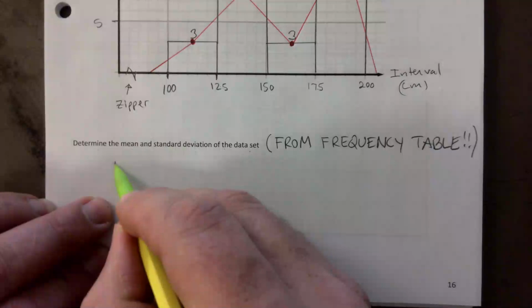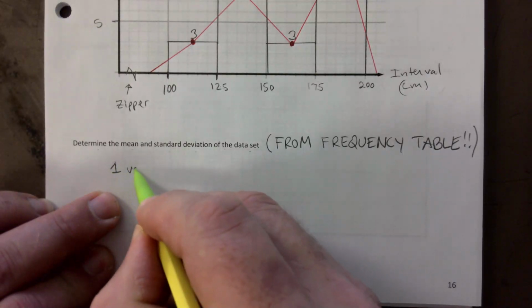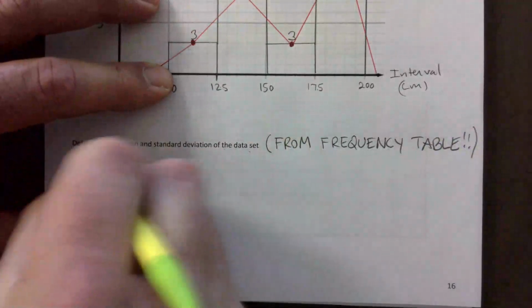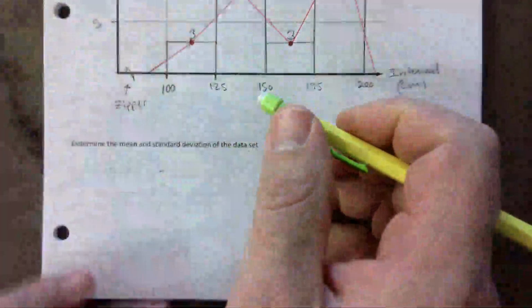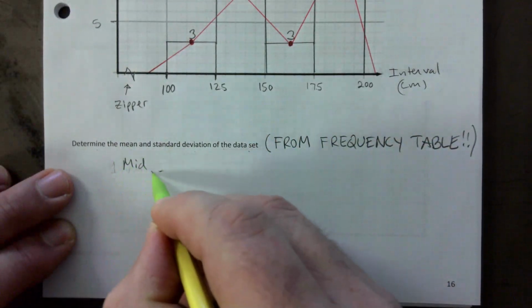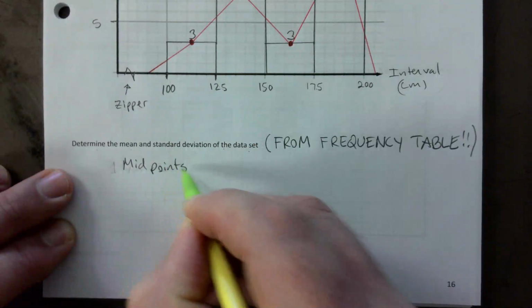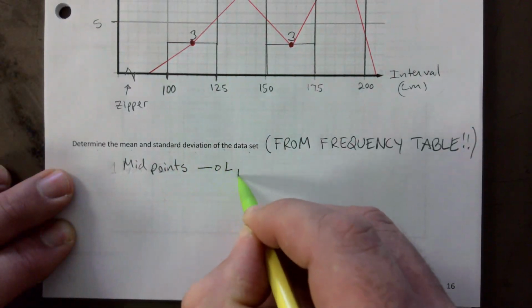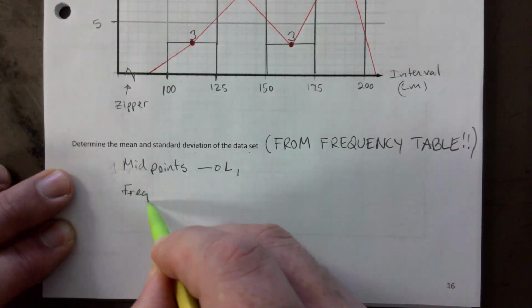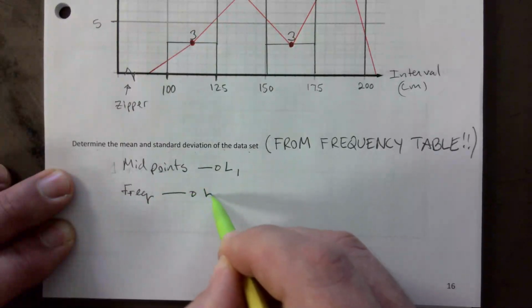You do this. One variable stats. Actually, sorry, I'm gonna back up a bit. I'm trying to help you out with this. I could just give you the answer. I'm gonna say, put the midpoints into L1. The frequency goes into L2.